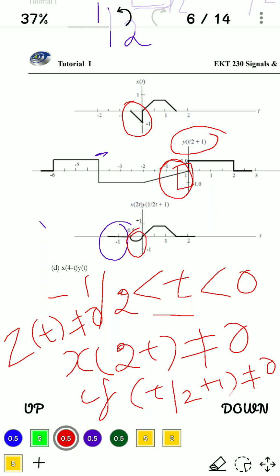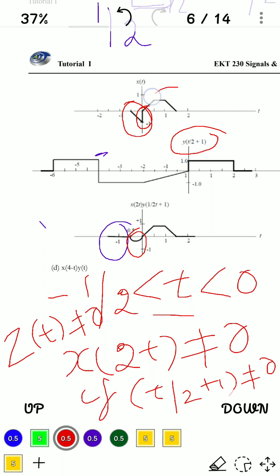Now coming on to this particular time period, you can see that here it is 1, so your amplitude is 1, right? For 0 it is 0, for 0.5 it is 1, for 1 it is 1, for 1.5 it is 1, and for 1 by 2 also it is 1.